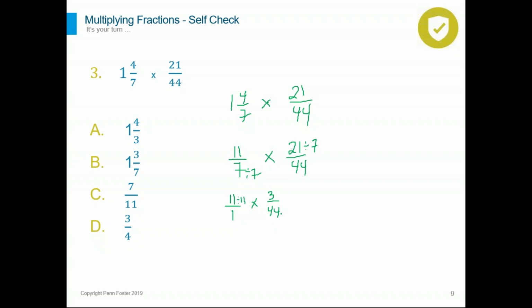So divide over 11 and divide over 11. 11 over itself is 1, so it's 1 over 1 times 3 over 4. Multiply across, 1 times 3 is 3, 1 times 4 is 4, and that is the product, and the answer is D, and good job for everyone. Questions before we leave multiplication?